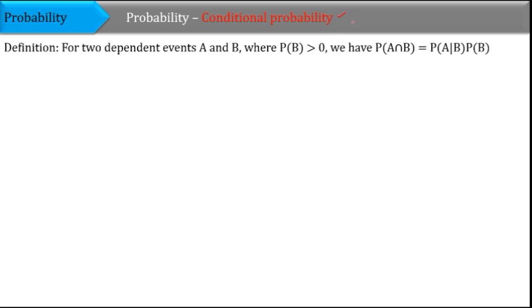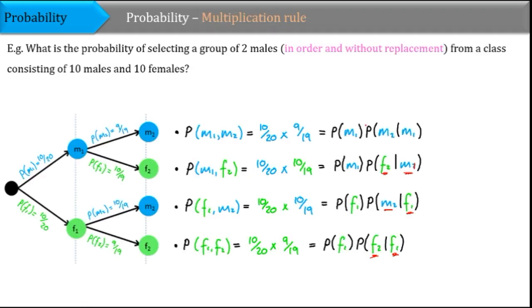Now there's a definition that you have to know. It says that the probability of the intersection of A and B, where A and B can be any two events as long as they're not zero, or rather empty, the probability of the intersection will be the probability of A given B times the probability of B. Okay, so in other words, just the conditional probability of A times the probability of B. Now this should look familiar because it's exactly what we just saw now in the previous example over here.